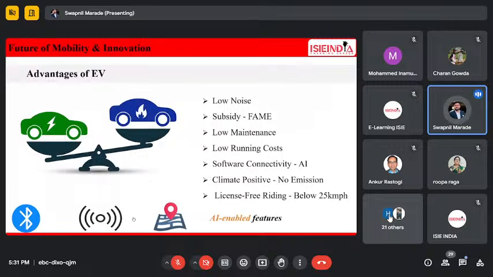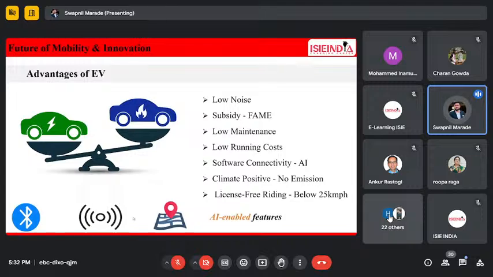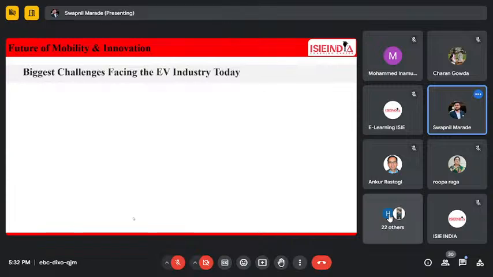Software features, like Bluetooth, navigation, and many more features you get in electric vehicles. Thereafter climate positive, no emission, zero emission. Thereafter license free ride below 25 kilometer. There is no need of a license for an electric two-wheeler. So these are the advantages of electric vehicles.